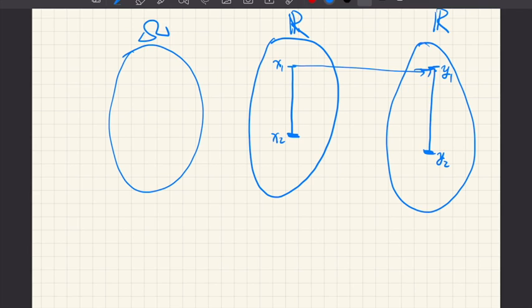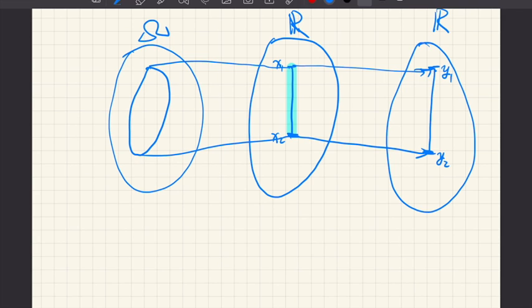And the probability that the value of random variable x is between this interval is calculated by this inverse image, right?